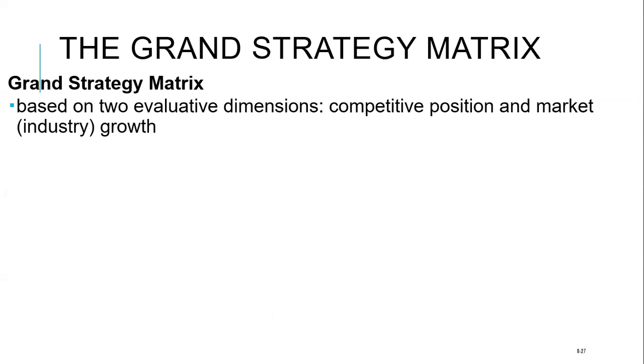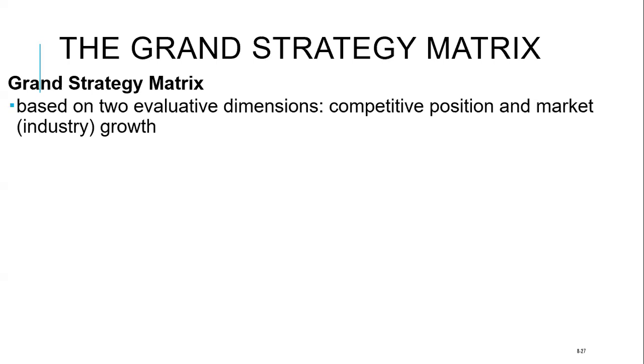Finally, the Grant matrix. The Grant matrix also, just as the preceding matrices, strives to permutate and combine two evaluative dimensions, including competitive position and market or industry growth.